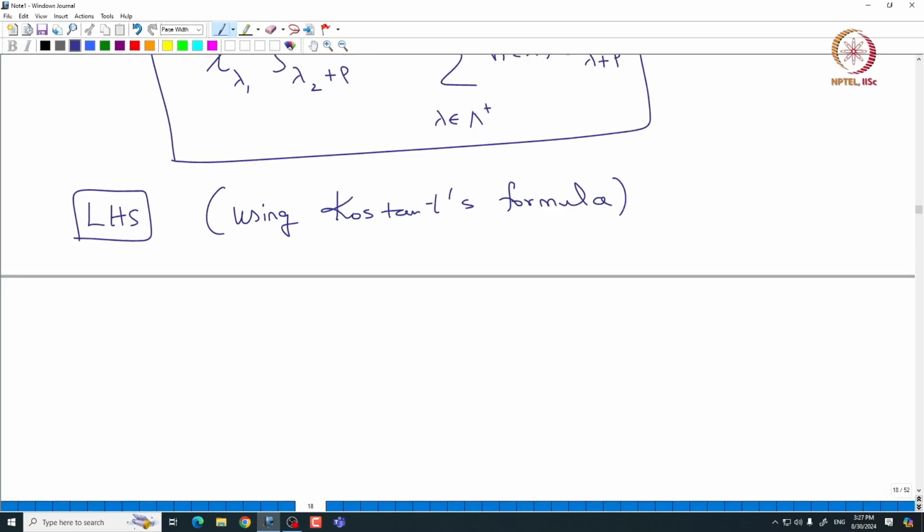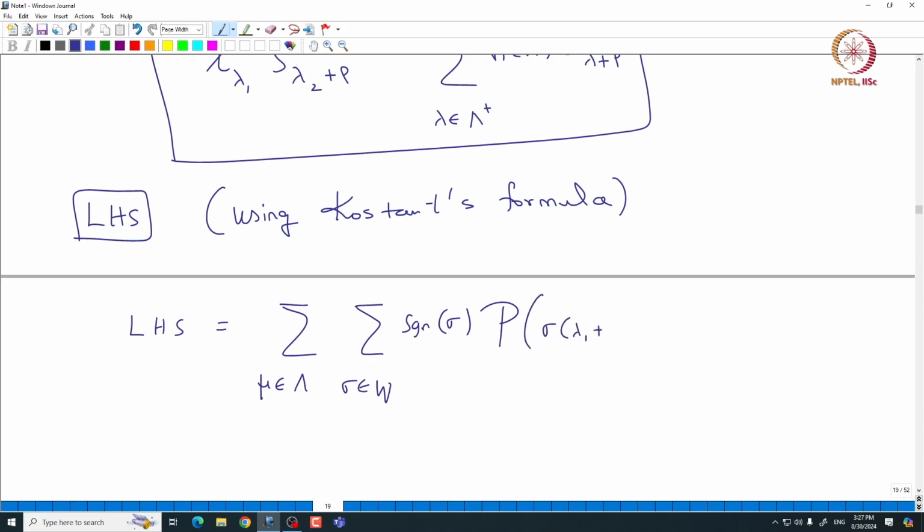Then what we get on the left hand side is exactly equal to the summation over mu in lambda, summation over sigma in W, sine of sigma, the partition function p of sigma of lambda 1 plus rho minus mu plus rho.